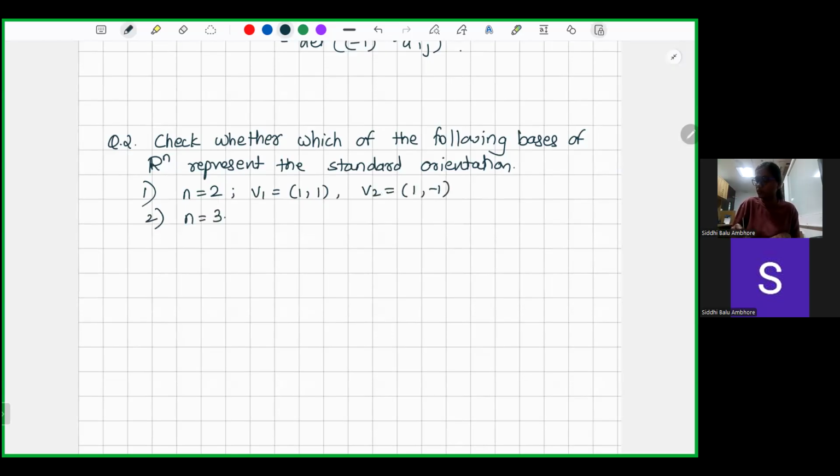Second, n is equal to 3, v1 is equal to (-1, 0, 1) and v2 is equal to (0, -1, 1) and v3 is equal to (1, -1, 1).